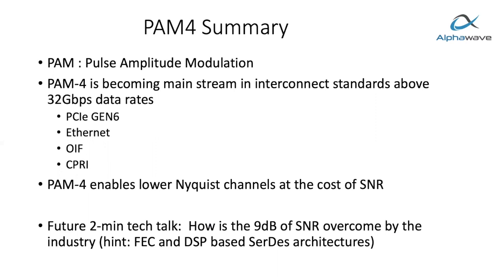And the reason why is by being able to cut that Nyquist rate of the channels from 50 gig down to 25 gig for that 100 gig example, you're able to use interconnects, channels, cables, connectors, and everything in the industry without having to scale them all the way up to much higher Nyquist frequencies. And this really enables the industry to double the data rates and at the same time use materials and connectors that are economical and exist in the industry to use today.